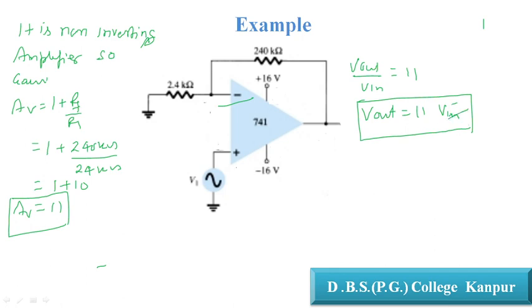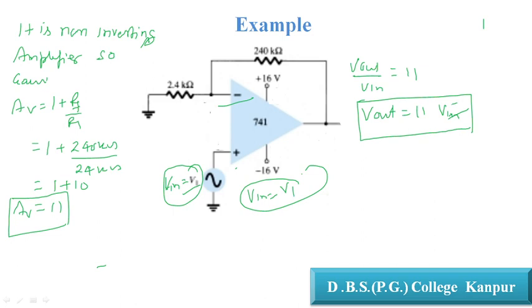We are mentioning that V1 is the Vin, so V1 in this circuit is the input, and its signal is amplified 11 times.